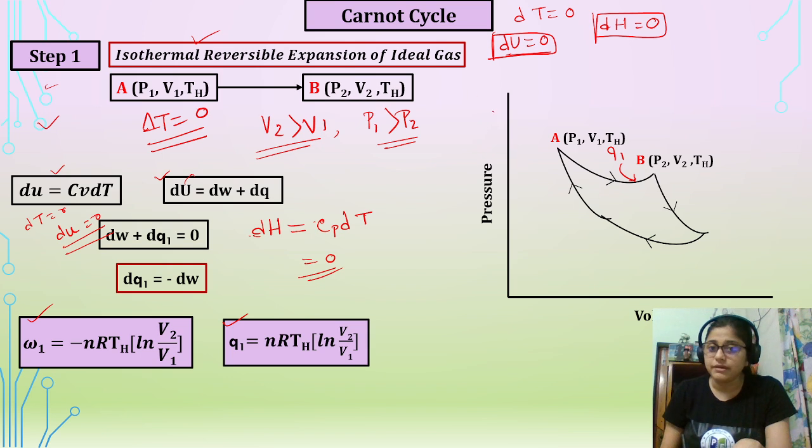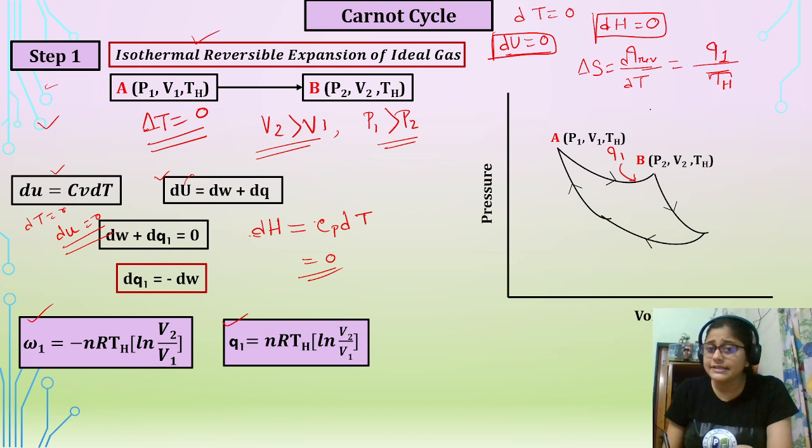And entropy, what will be the entropy? Entropy I did not teach you till now. So entropy is actually Q reversible by T, or dQ by dT. Here Q is Q1, the heat taken, and T is TH.